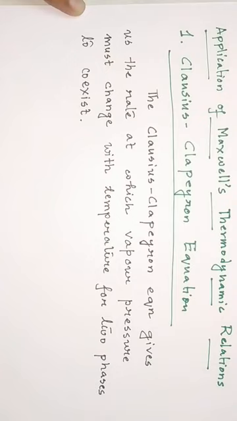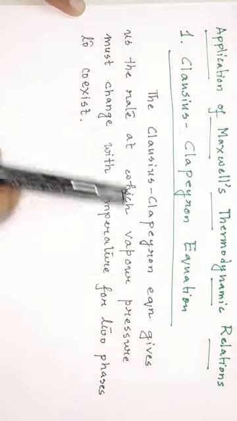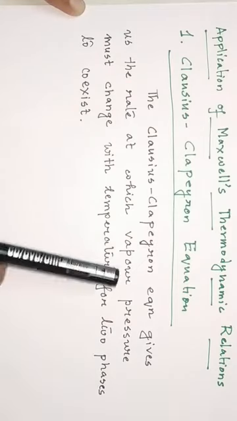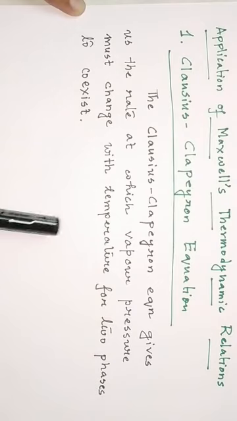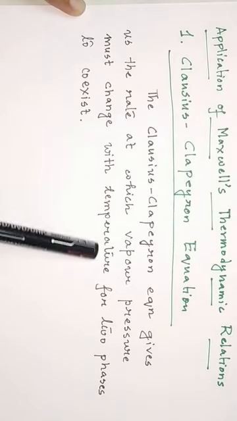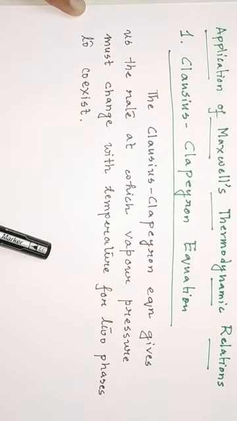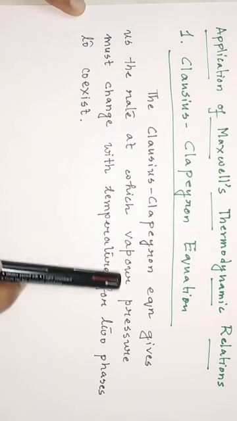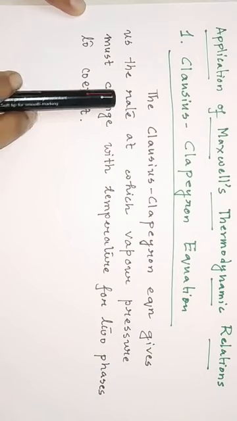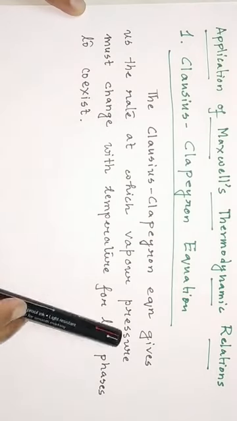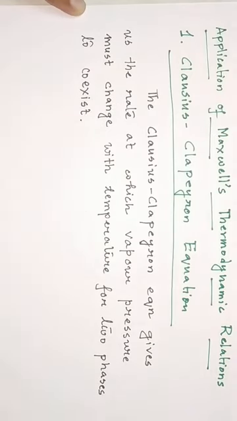The pressure of the vapor is called the vapor pressure. So this equation will give us how the vapor pressure changes with temperature, that is, we change the temperature of the system and observe how the vapor pressure is changing with it. So we get the rate at which the vapor pressure is changing with the temperature.